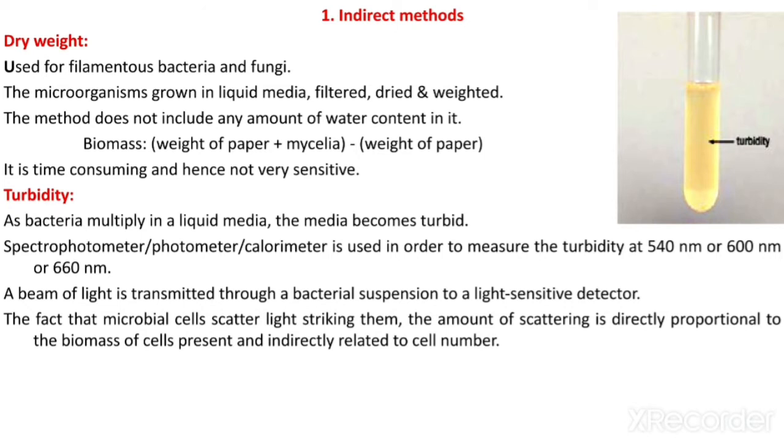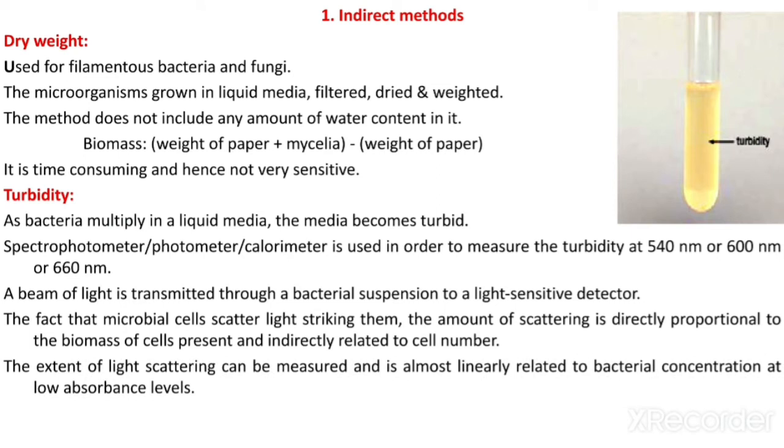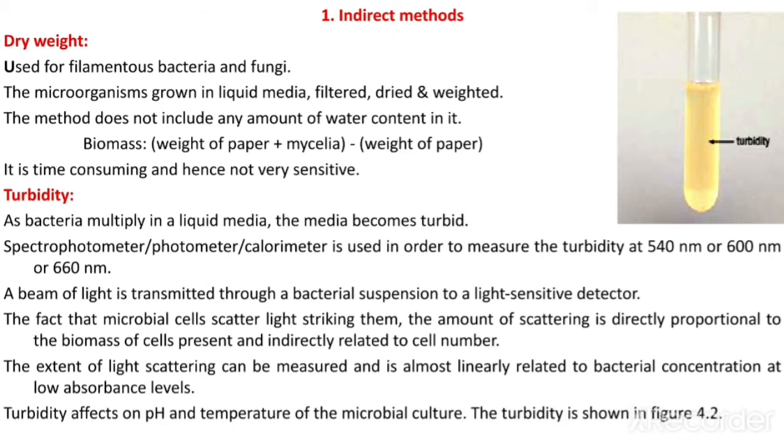Microbial cells scatter light, and the amount of scattering is directly proportional to the biomass of cells present and indirectly related to the cell number. The extent of the light scattering can be measured and is almost linearly related to the bacterial concentration at low absorbance levels. Turbidity is affected by the pH and temperature of the microbial culture, as we can see in the figure.